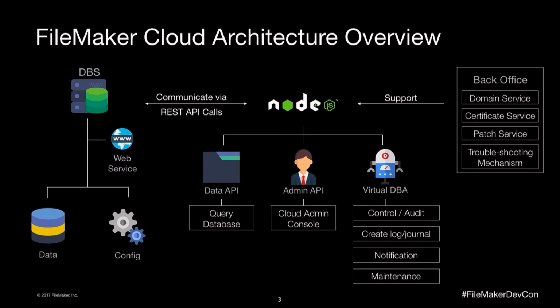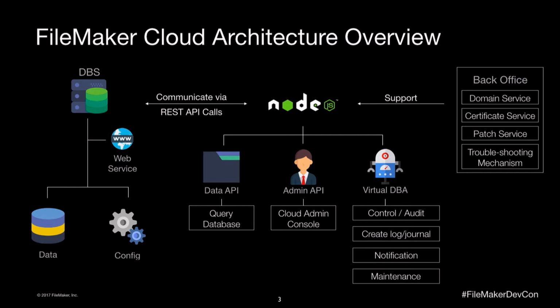We have back office services. For example, if you have an instance running in FileMaker Cloud, you automatically get a subdomain on top of FileMakerCloud.com. Who is going to manage that? We call Route 53 services from Amazon to implement that, which is also a RESTful API call.